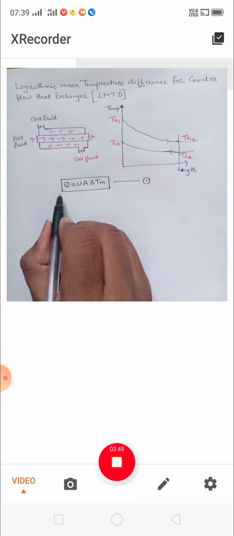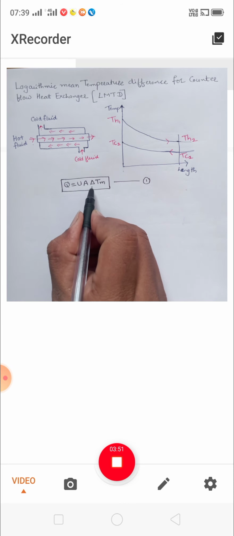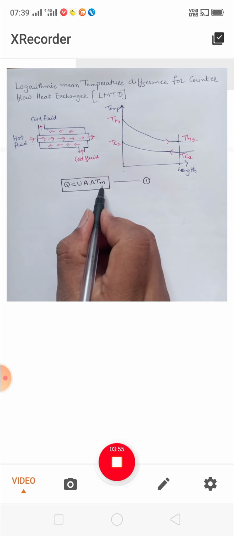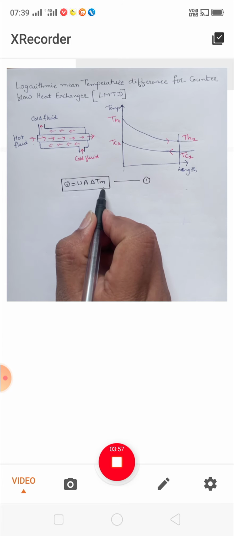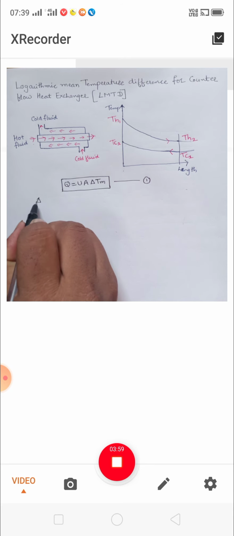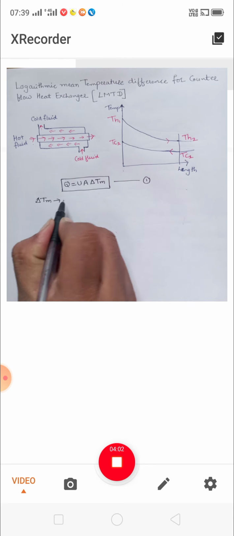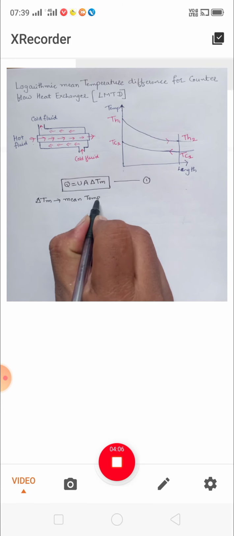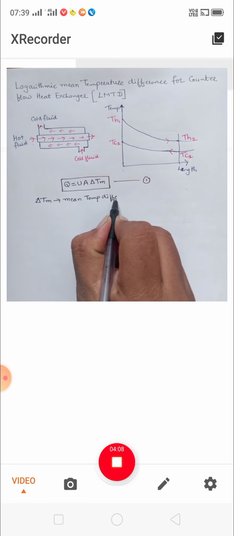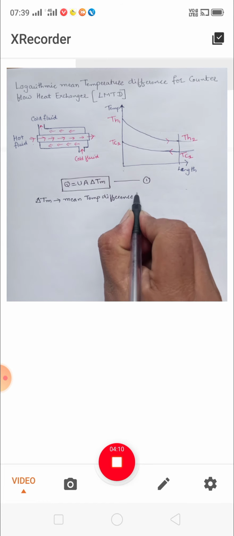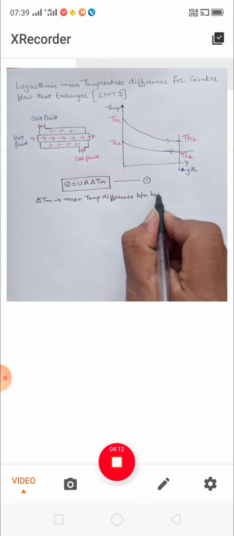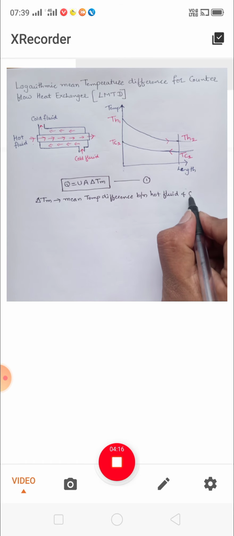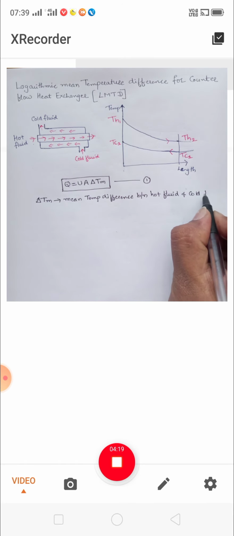Our main intention is to calculate this delta Tm first, that is the mean temperature difference between the hot fluid and the cold fluid. Let me write here, this delta Tm is the mean temperature difference between the hot fluid and the cold fluid.